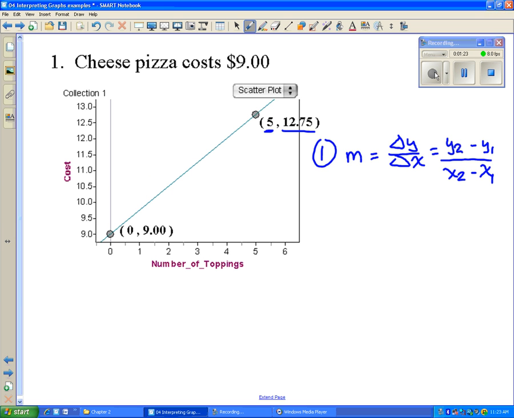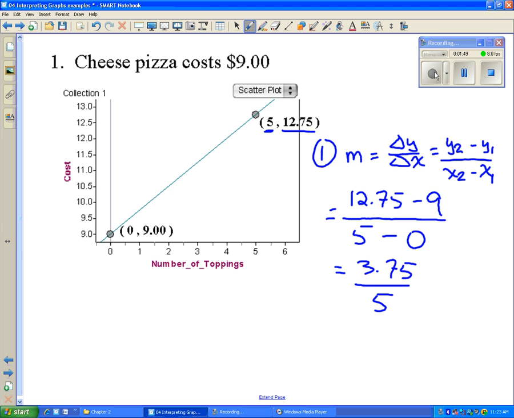So let's find my slope. If I look at my y's, my y2 is 12.75 minus 9, my y1, over 5, my x2, minus my x1, 0. So if I take 12.75, I subtract 9, I'm going to get 3.75, $3.75 for 5 toppings.